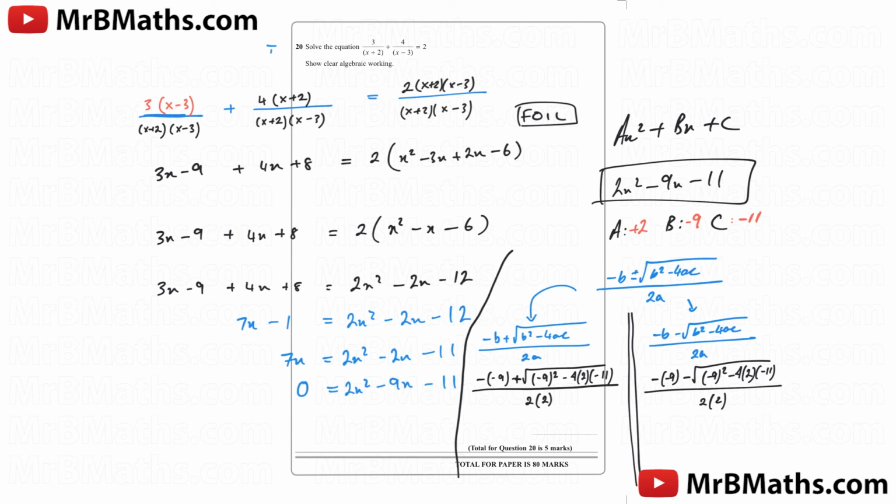Now putting that into the calculator, not forgetting your brackets. You get 11 over 2, which is 5.5, and for the negative you get negative 1. So there are your two solutions there.